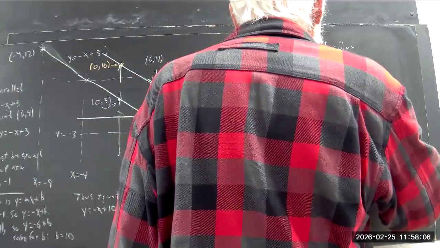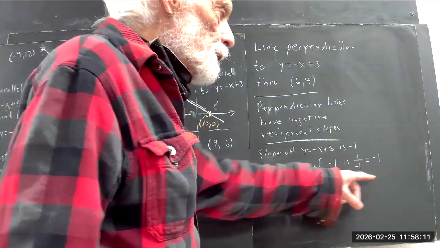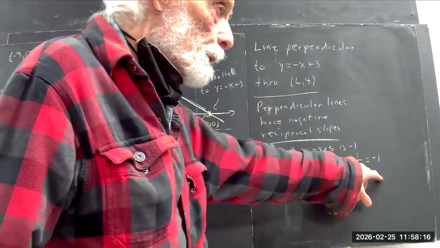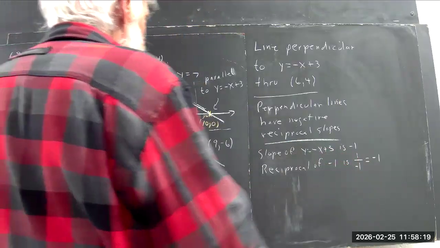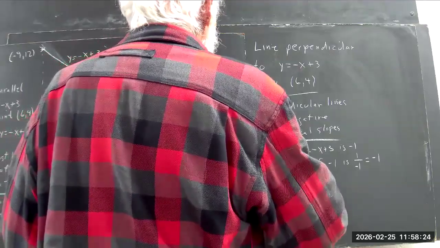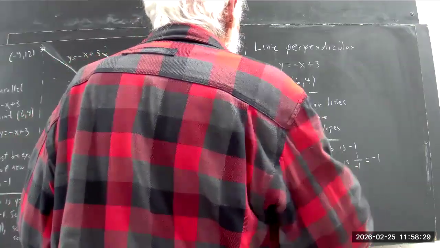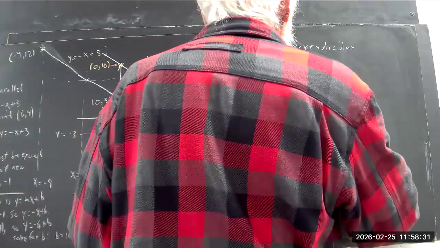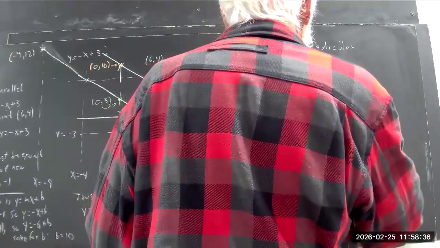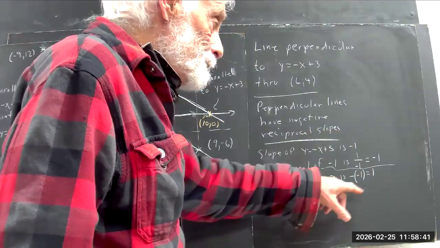Well, if you divide 1 by -1, you get -1. But that isn't the slope that we're looking for. We're looking for the negative reciprocal. So this is the reciprocal. The negative reciprocal, you put another negative in front of the reciprocal, and you get 1.